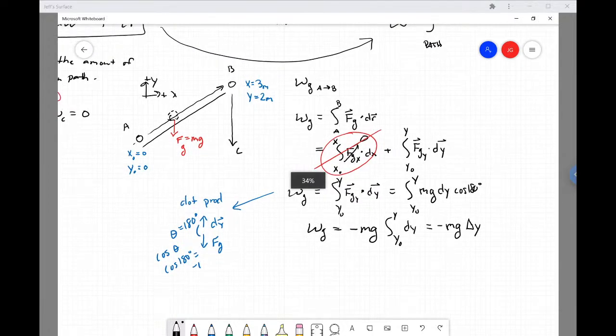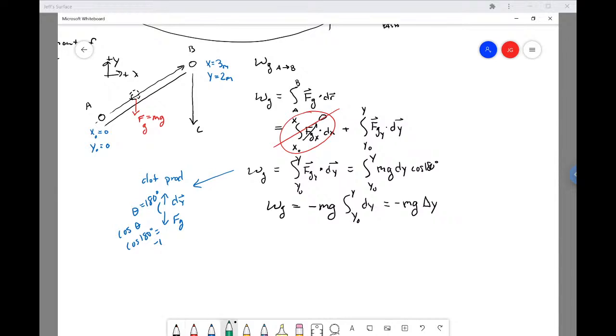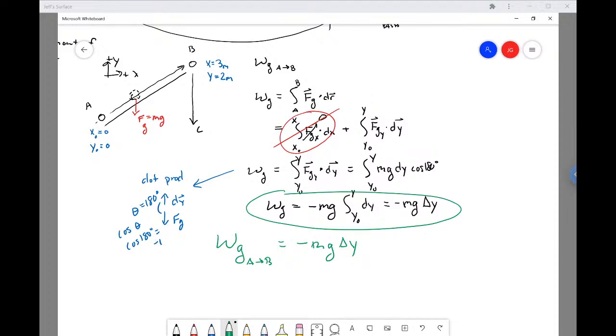So here we go. We got a result. Circle it in green, and I'll write it down here. The work done by gravity when you go from point A to point B equals negative mg delta y.